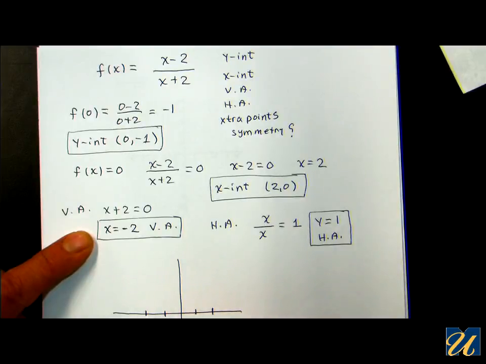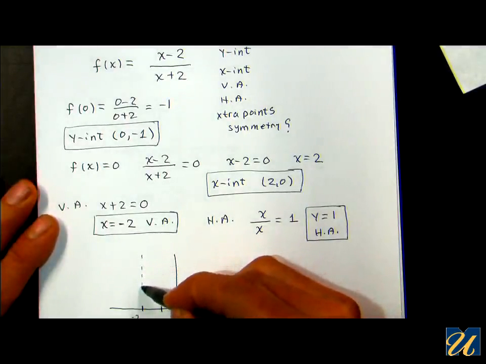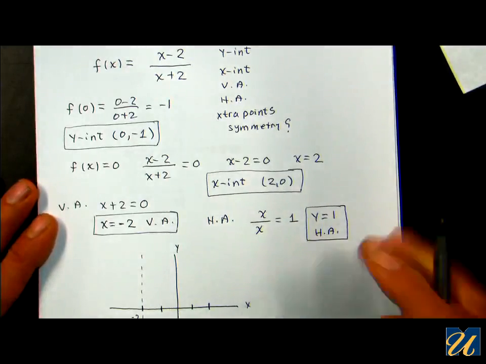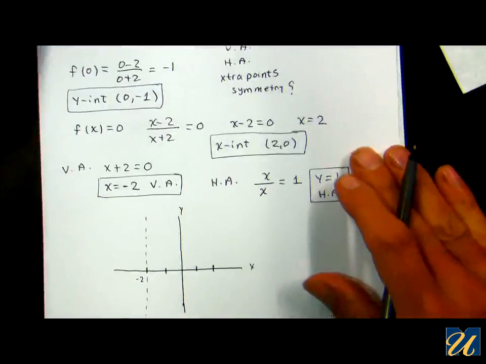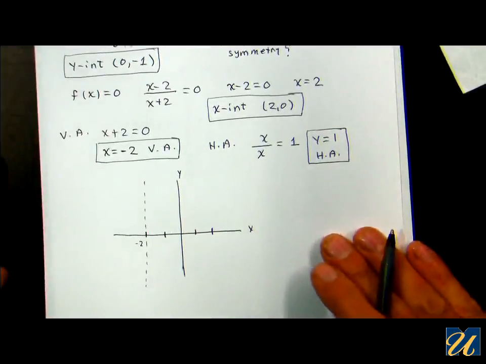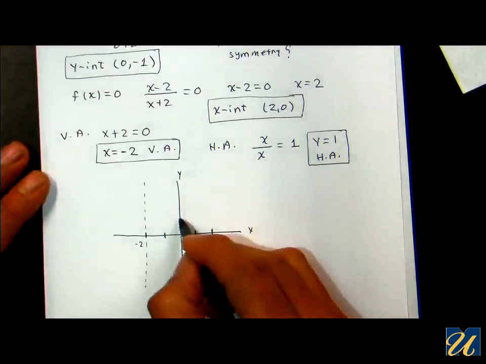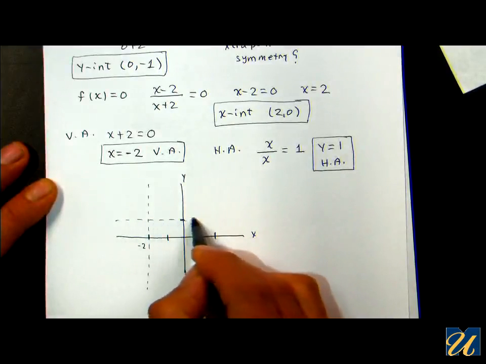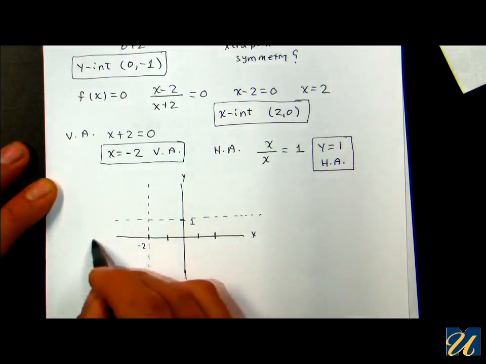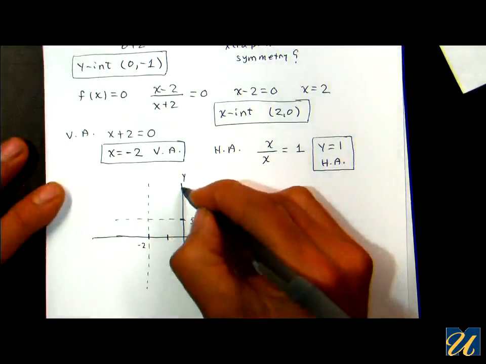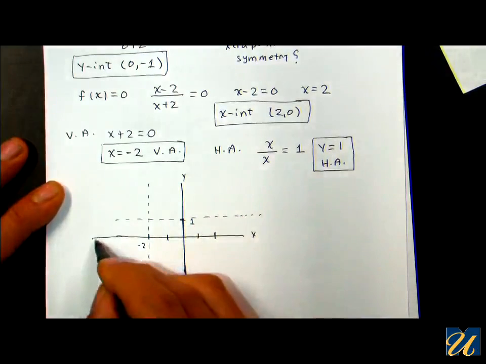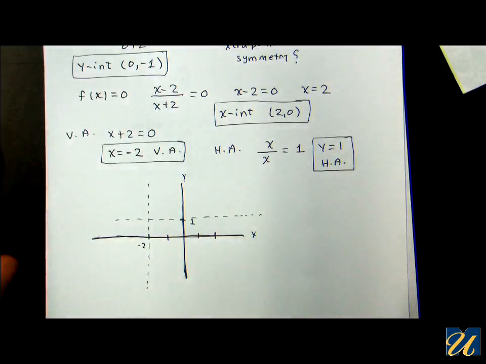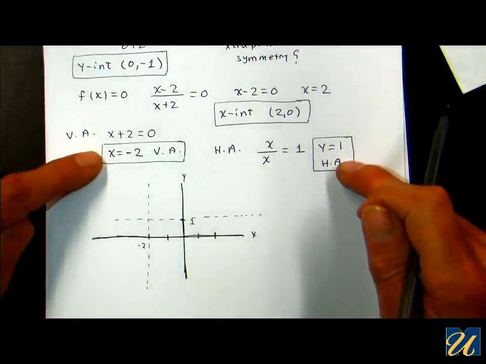There's the y-axis, x-axis, and we have a horizontal asymptote at 1. It's already visually confusing because we have the y-axis and the x-axis, and we also have these other two horizontal and vertical lines as well.